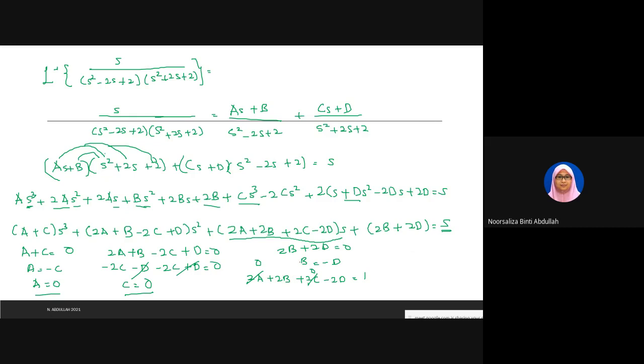So B, you just gantikan B dengan minus D or either one, tak kisah mana-mana you nak gantikan. So this one will be minus 2D, minus 2D equals to 1. Minus 4D equals to 1. D equals to minus 1 over 4, and B equals to 1 over 4. Betul? So A 0, C 0, B 1 over 4 and D minus 1 over 4.